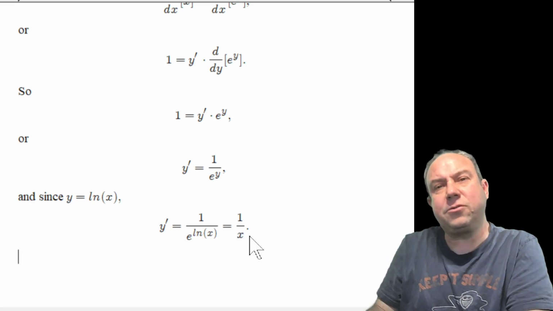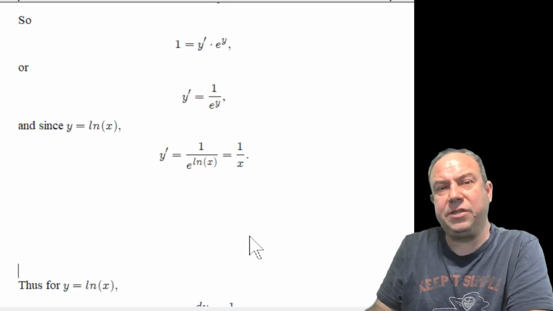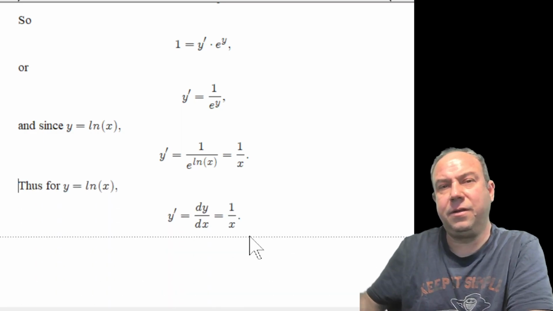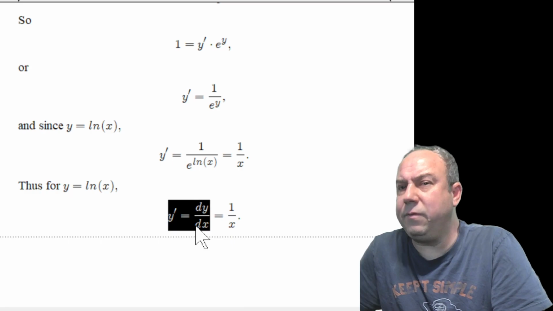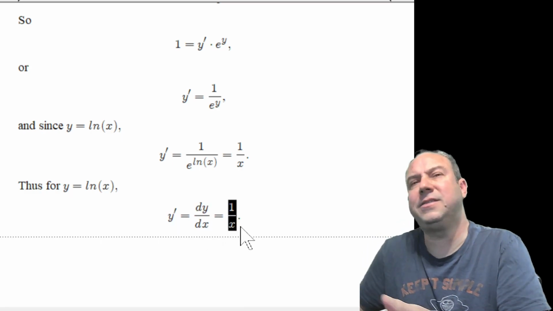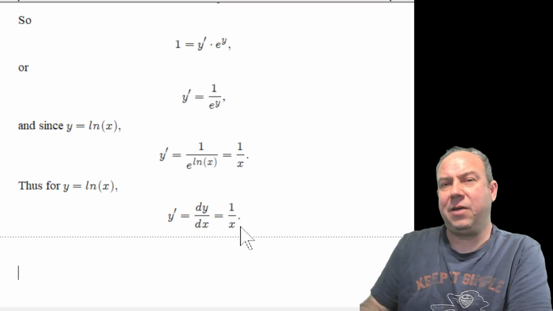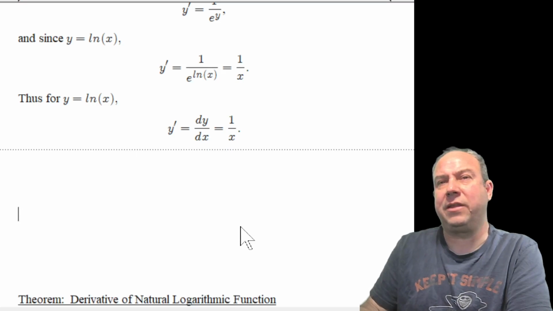So for the natural logarithmic function, we get the result that the derivative of y with respect to x through these techniques is just equal to 1 over x. And we can say that in the following theorem.